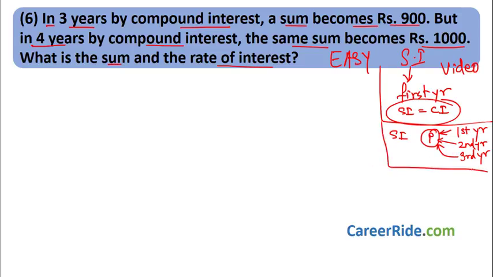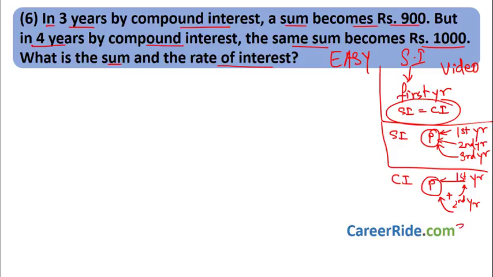Now take a look at what we do in compound interest. In compound interest we have amount or principal P. After first year you will get the compound interest which is calculated on principal P. After the second year you will get the interest which is calculated on principal P plus the first year interest.